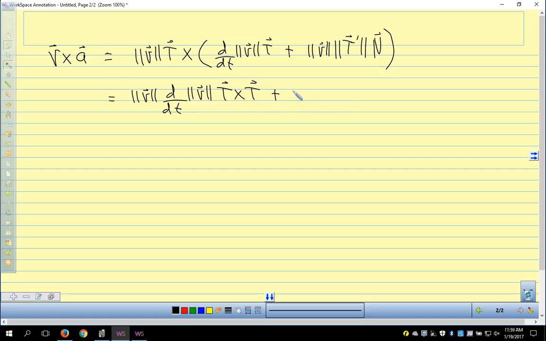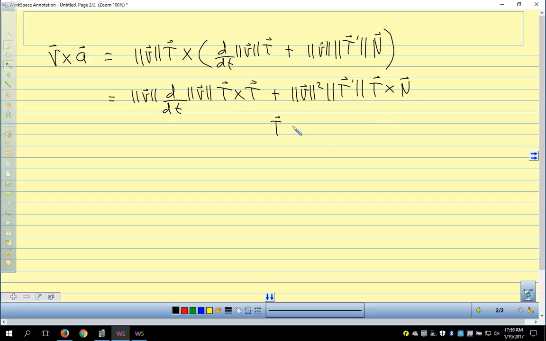Plus, and again we get this quantity v squared magnitude of t prime, and then we get a t cross n. Well, t is parallel to itself, and we were looking for a scalar quantity, so we're going to end up looking at magnitudes. So we're going to look at the magnitudes of these cross products.